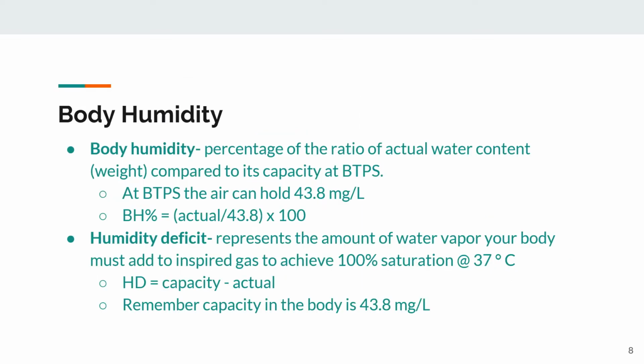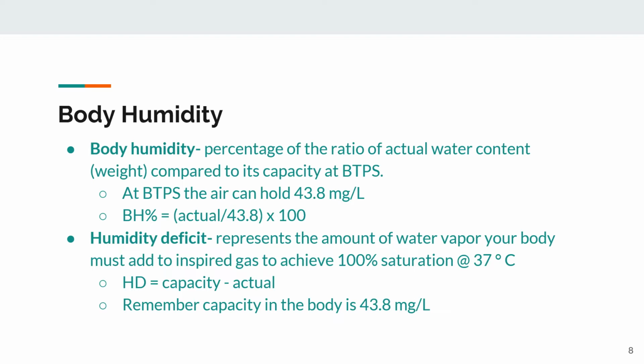So when we talk about BTPS, that's body temperature pressure standard, body humidity is the percentage ratio of actual water content, which is the weight, compared to its capacity at BTPS.